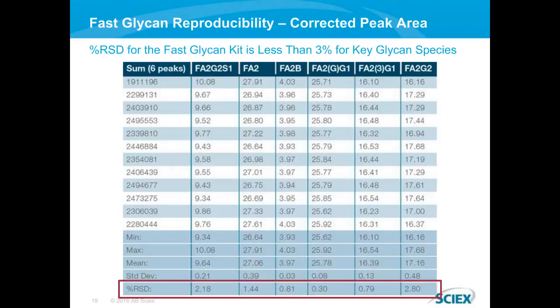Everything is less than 3% for our key glycan species, and a number of them there are even well below 1%. So very reproducible data. Again, not just fast for fast's sake, it's fast quantitative data that we get. It's very reproducible for our glycan analysis.